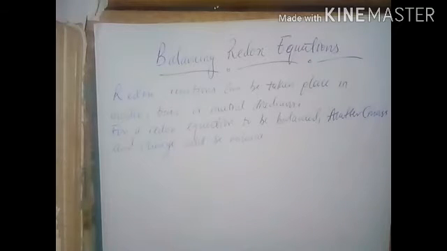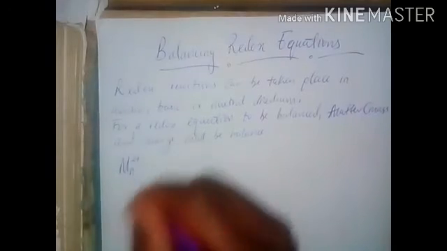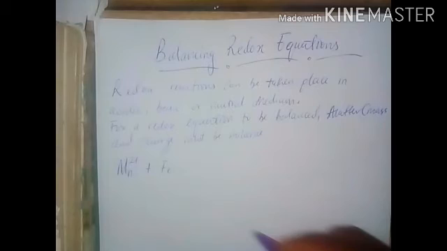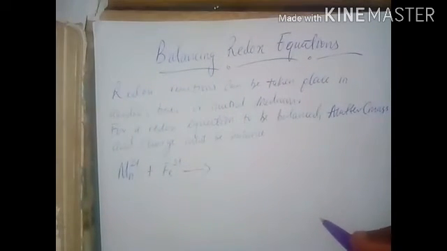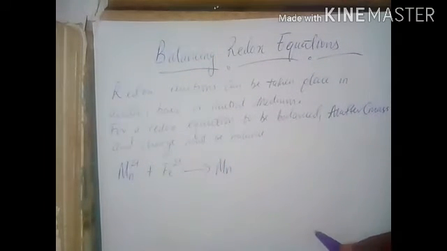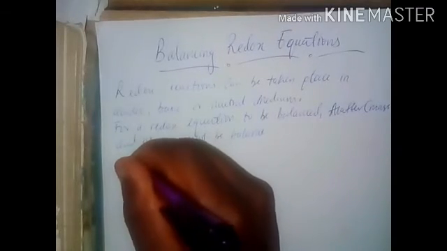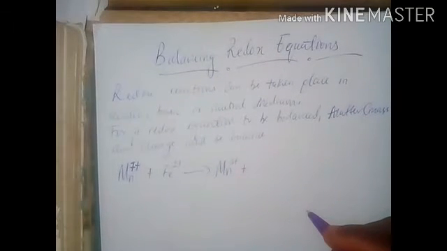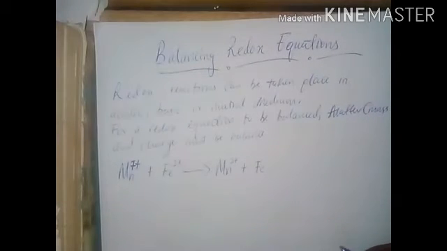So we are going to have the first equation. For example, we have manganese 7+ and iron 2+ reacting to give us manganese 2+ and iron 3+.